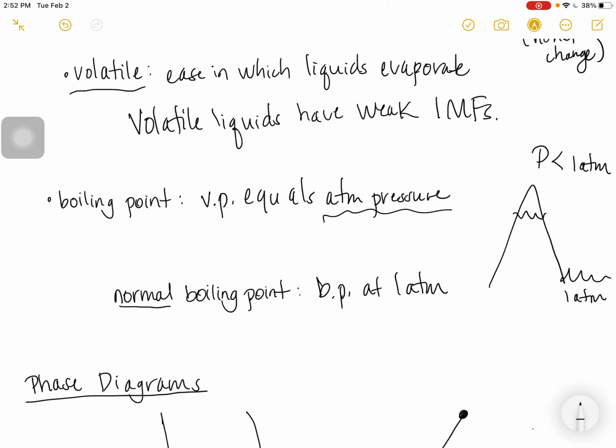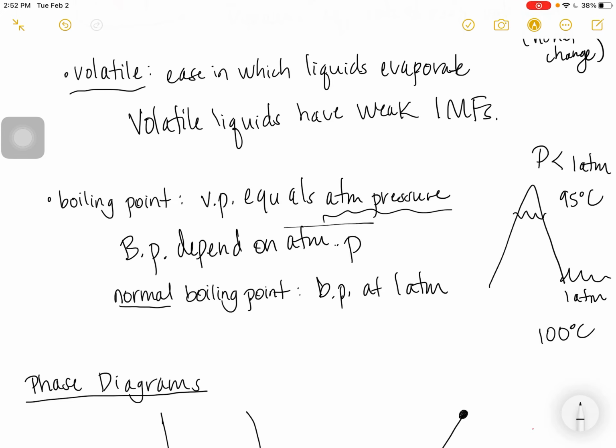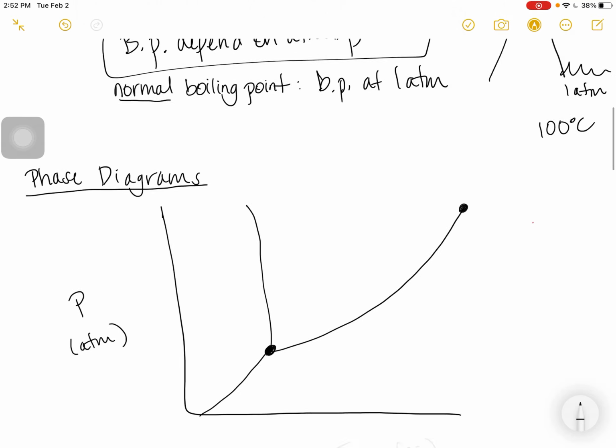Water boils at about 95 degrees Celsius in Denver, and at 1 ATM, of course, it boils at 100. So it's not a huge difference, but the big takeaway is that boiling point does depend on atmospheric pressure, okay? Big deal. So by changing the pressure, we can actually change the boiling point of a substance. So that's kind of interesting.